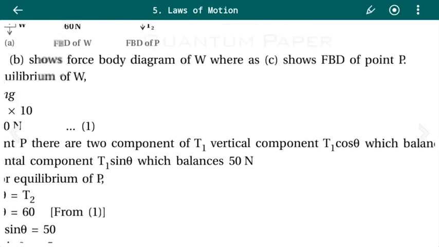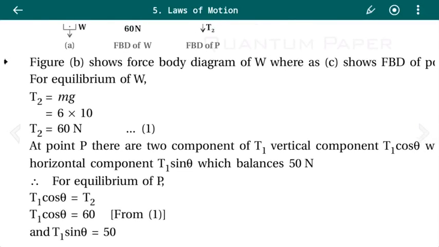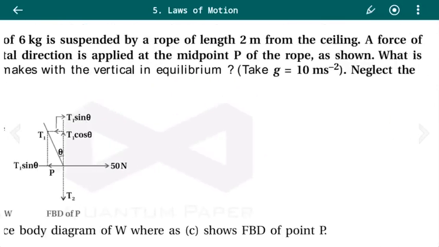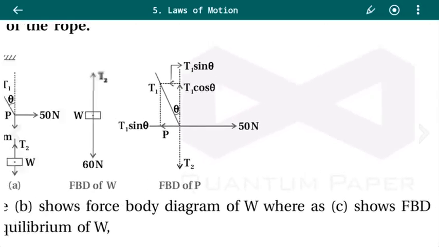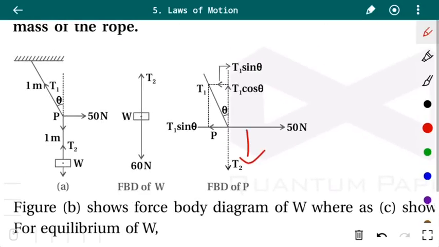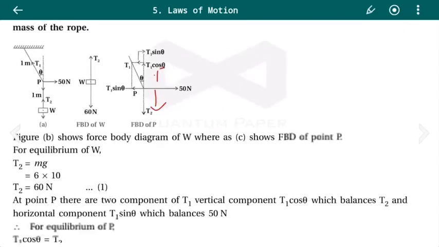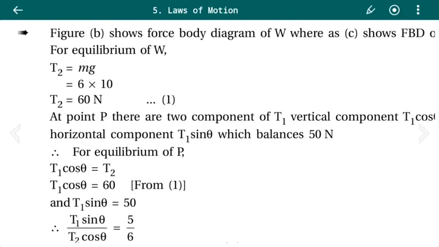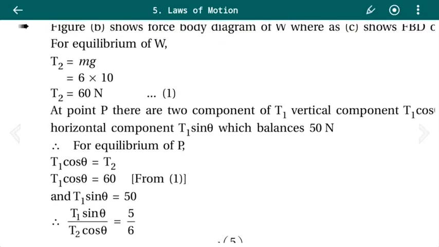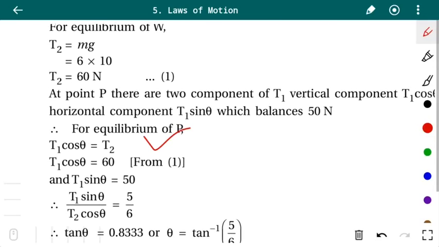So for equilibrium of P, in the vertical direction, T2 is in the downward direction, T1 cos theta is in the upward direction. So from this we can write T1 cos theta equals to T2. We got the value as 60, so putting that, T1 cos theta equals to 60.